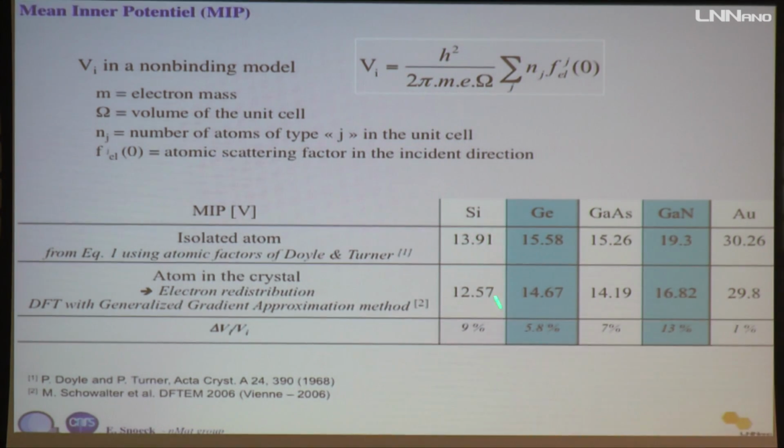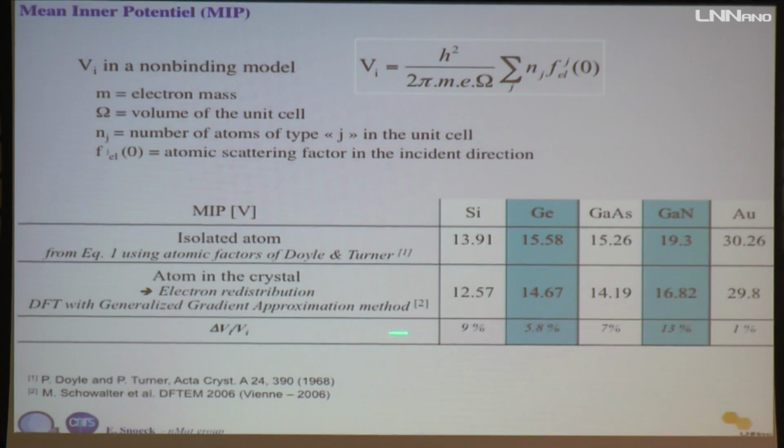If you also add that in your material you have delocalized electrons, it means you no longer have just single atoms with a cloud around them, but atoms with clouds of electrons which are distributed over the whole material. So depending on whether you consider this electron redistribution or just the atom with its own electron cloud, you will have different mean inner potential.